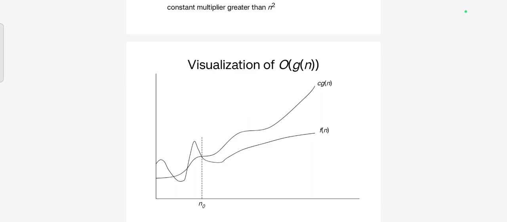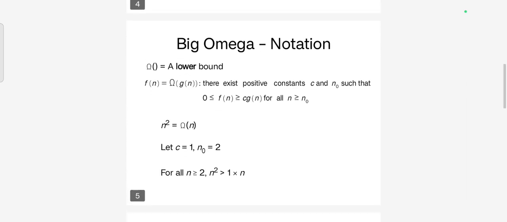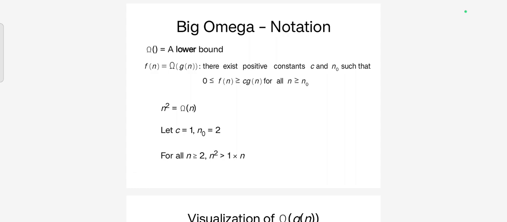Here we have n naught, which is a constant value, and c also is a constant, giving c g of n. So always f of n is bounded by g of n, which implies big O of g of n. Next we will go for big omega notation.